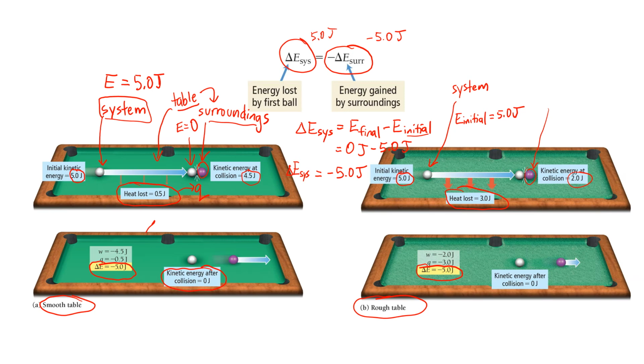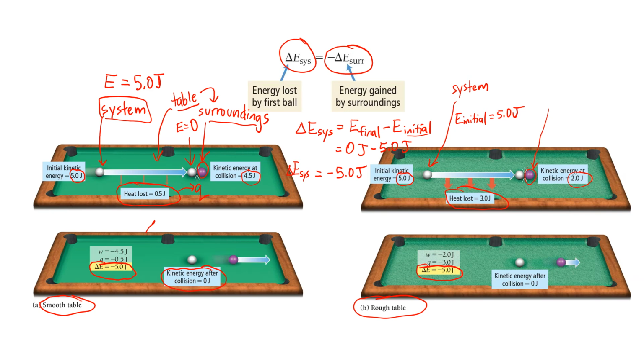And the change in internal energy was negative 5. Right? So that's essentially what you have to take home here, is that the change in internal energy, it doesn't matter about the path taken, because it's the same for both situations, which is why it's a state function.